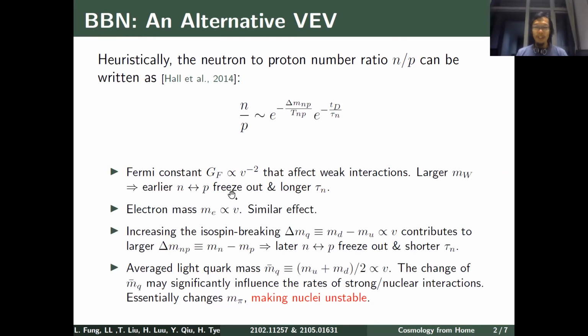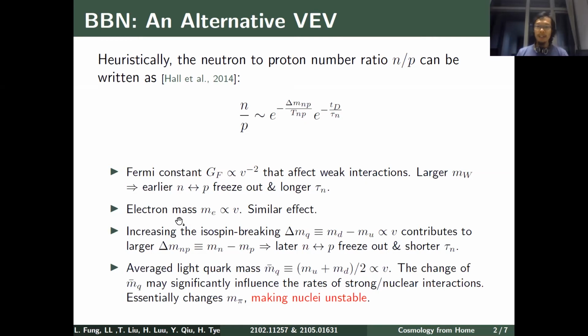First of all, the W mass increases, and therefore the Fermi constant becomes less. This affects all weak interactions because essentially the weak interaction goes dominantly through the charged current. And this affects the n to p conversion, or equivalently neutron synthesis and also neutron decay.